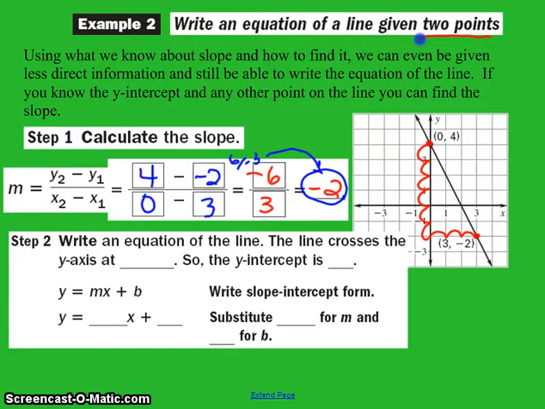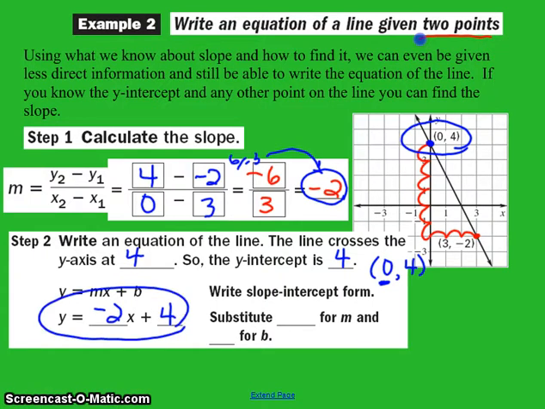Well, now that I know my slope, I look at my picture and I can tell the y-intercept of my graph is at 4 because that's where this line is crossing the y-axis. So my y-intercept is 4. I also know that because of the ordered pairs 0, 4 would be on the y-axis. That 0 in the spot for x means it is on the y-axis. So my equation is y equals -2x plus 4.